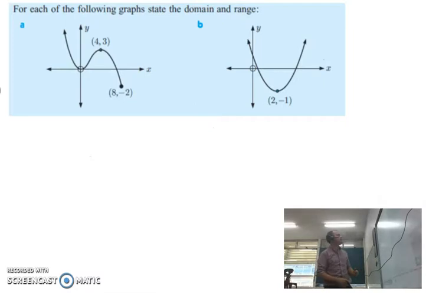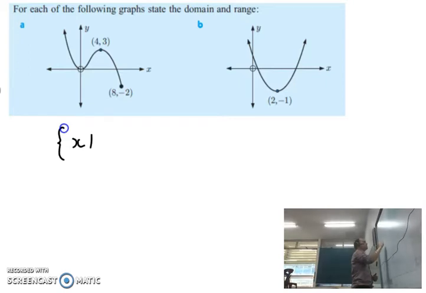Let's look at a couple of examples here. So I can see for my domain, x must be less than or equal to 8.